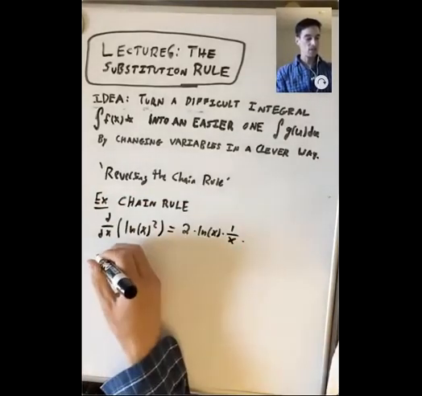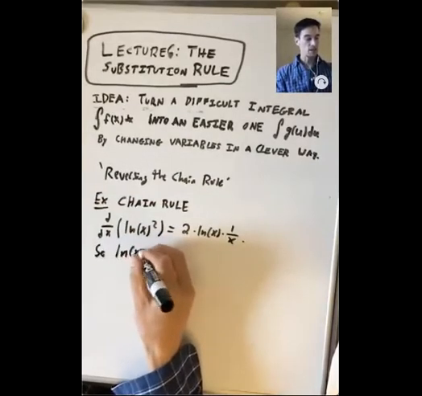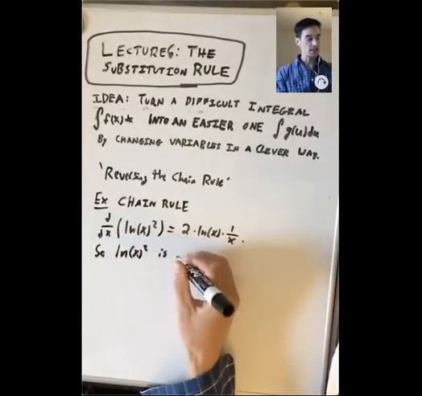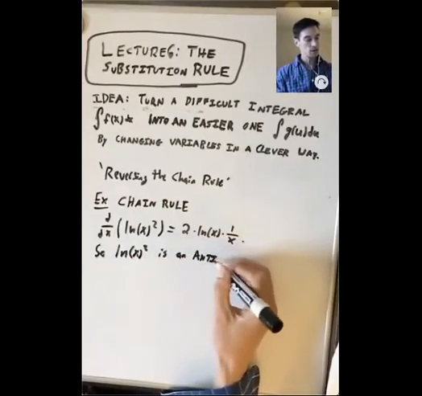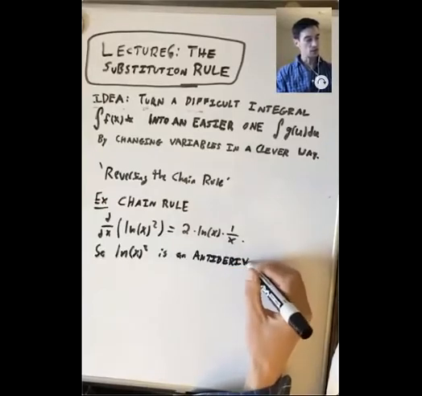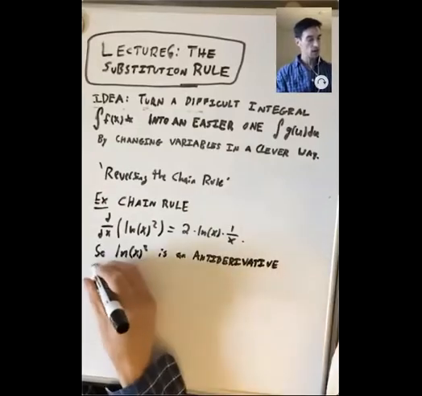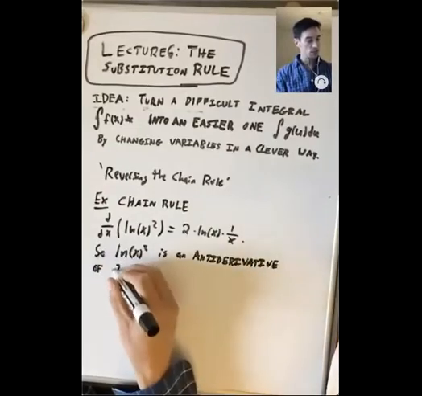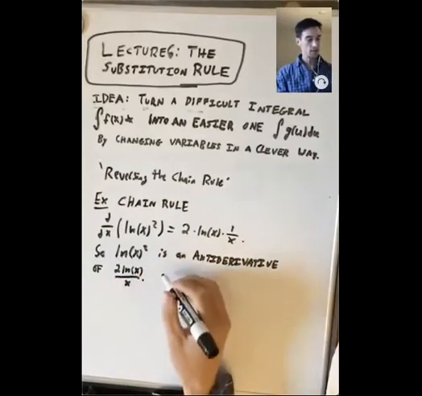That means that the function natural log of x squared is an antiderivative of the function 2 natural log of x over x.